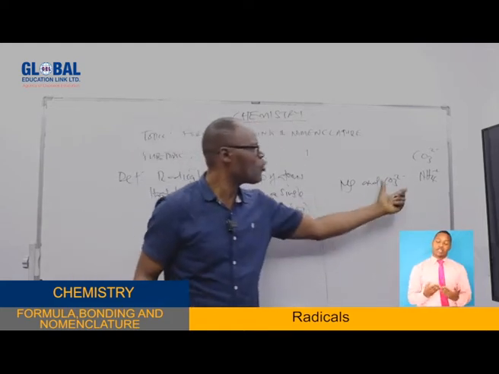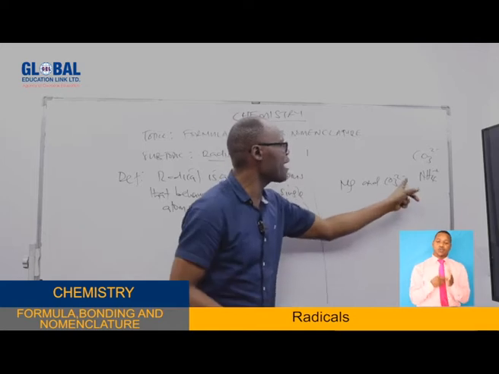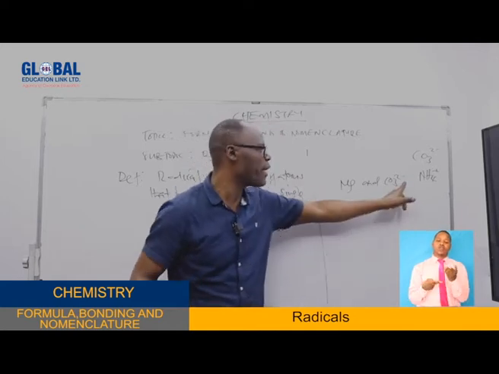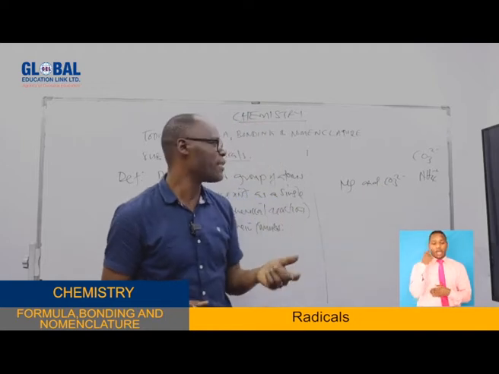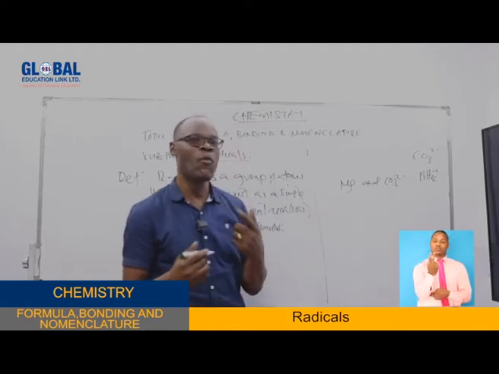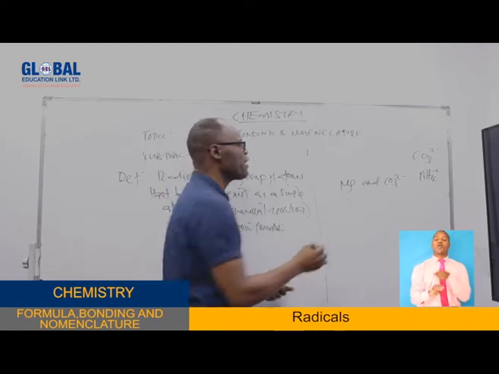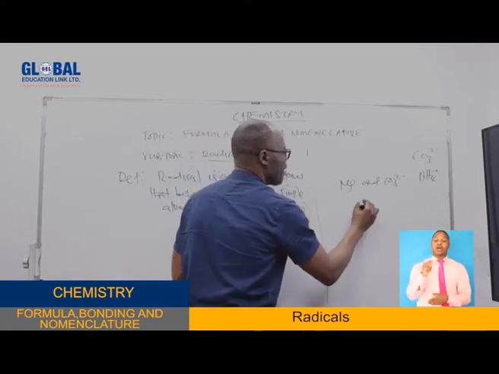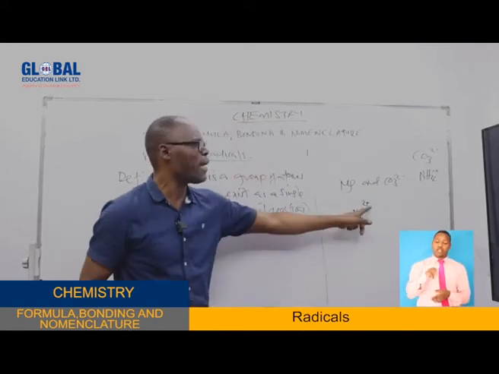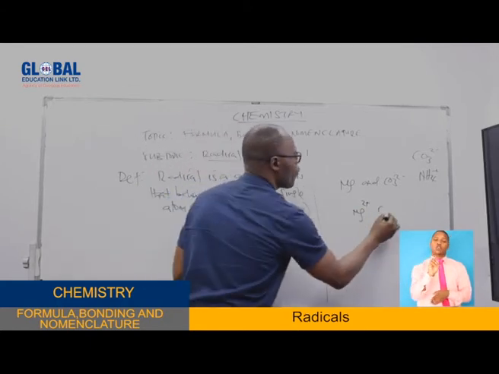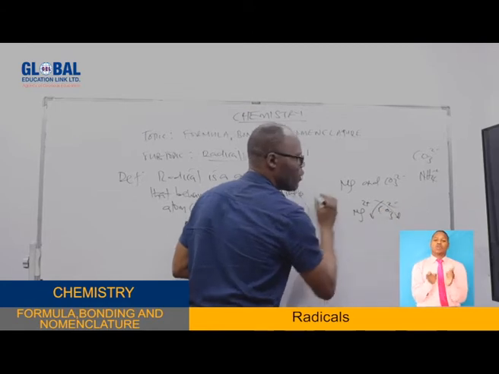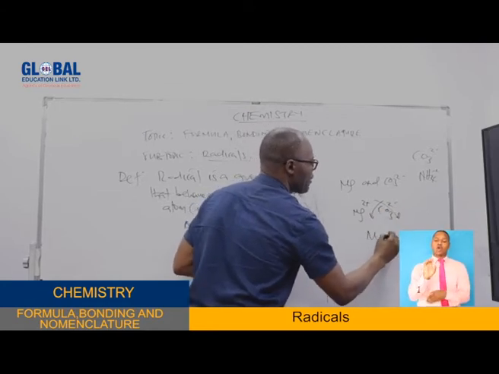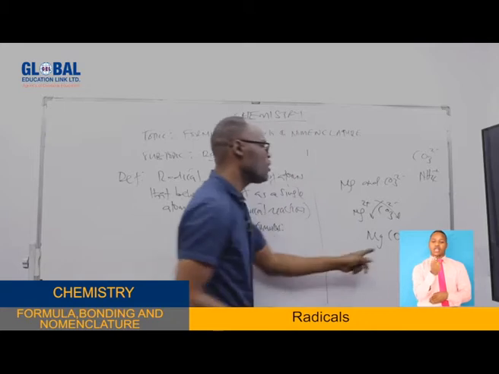Now, this carbonate shows that the species has acquired 2 electrons because of the 2 negative charges, because the radical looks like it is highly electronegative. Now, these 2 electrons came from where? They came from magnesium. So you can say magnesium has an oxidation state of 2+, and a carbonate has an oxidation state of 2-, then we exchange this as usual. Then we have our magnesium carbonate to be MgCO3.